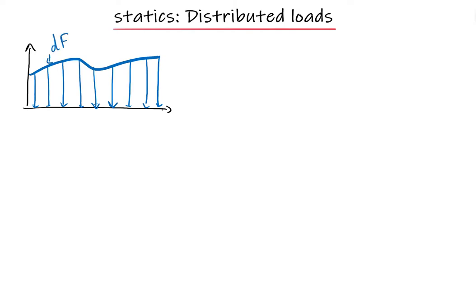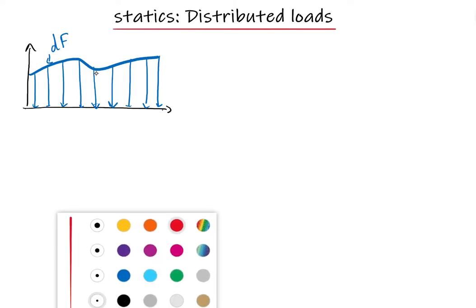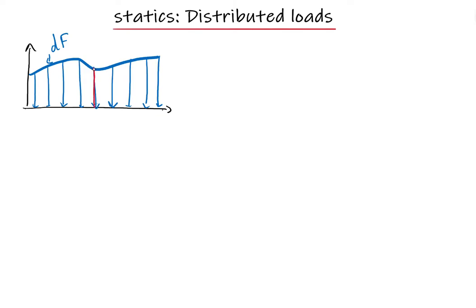A dF is not just a line. It is not possible to be just a line. It has to be a surface. So we can draw a little dF as a little rectangle.